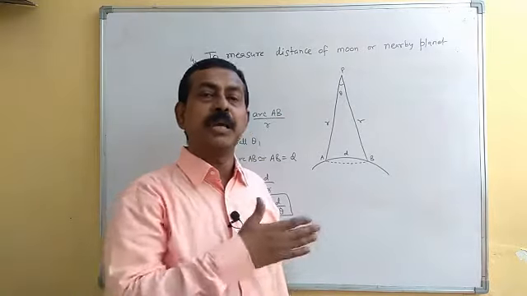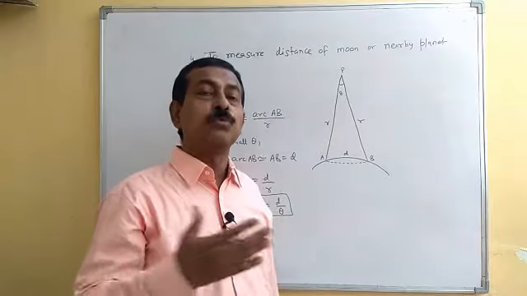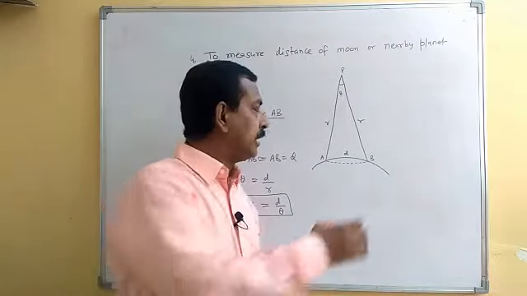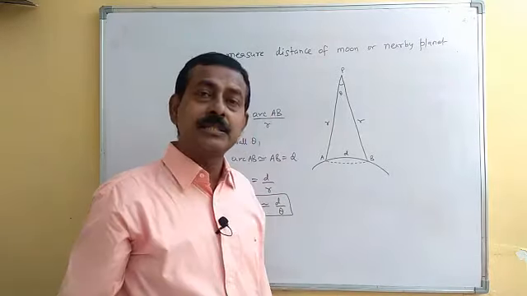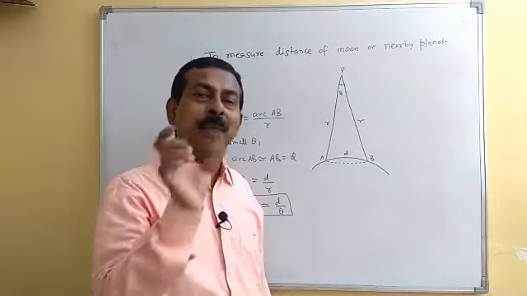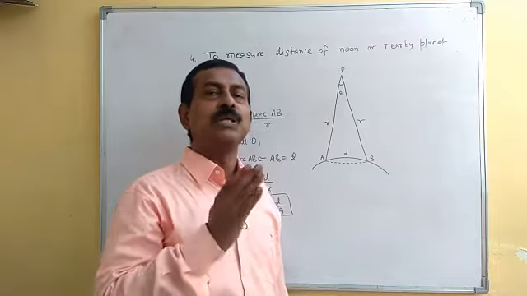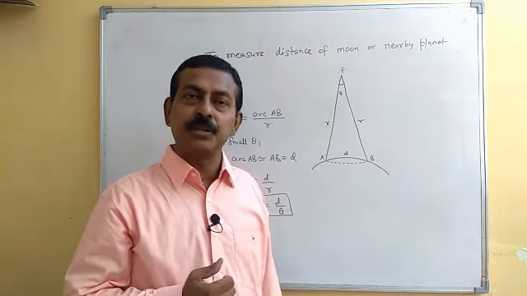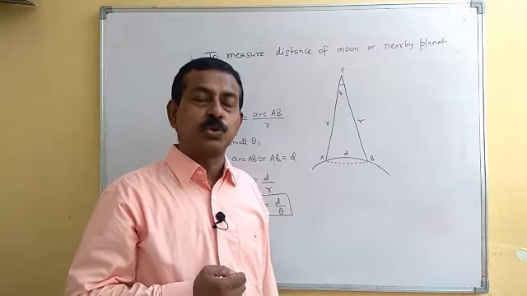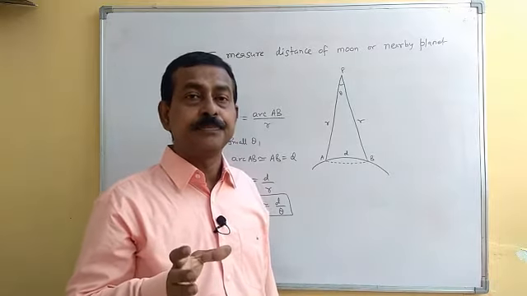That means we can take observations from 2 points which are at a relatively large distance. The maximum distance between 2 points on Earth's surface will be the diametrically opposite point of Earth, so we can take measurement from there.